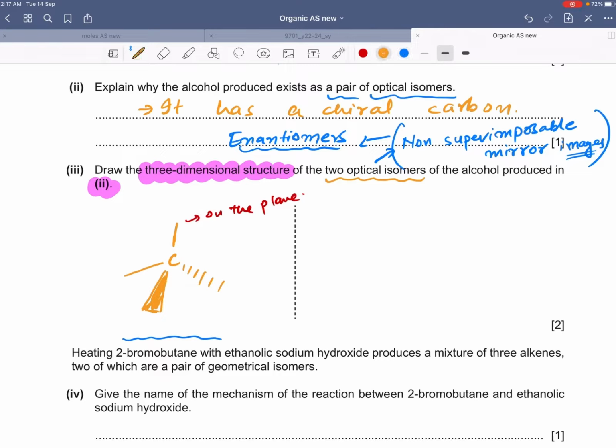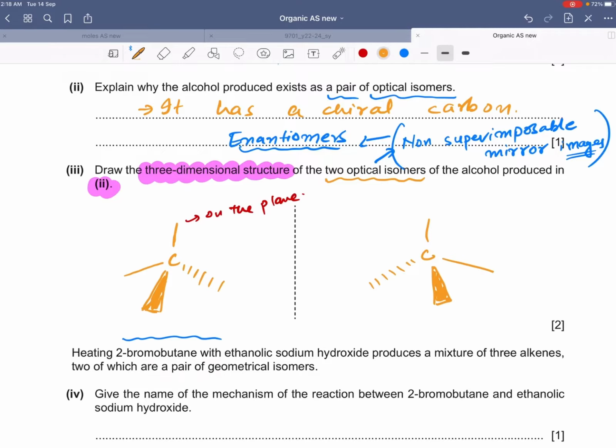So the mirror image of this one would be again two unbroken lines, and then the dotted line would come on this side, and a wedge, right? So this is the mirror image. Now you have to attach the groups, right?